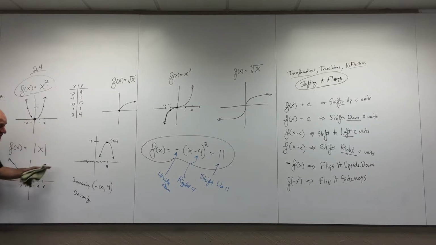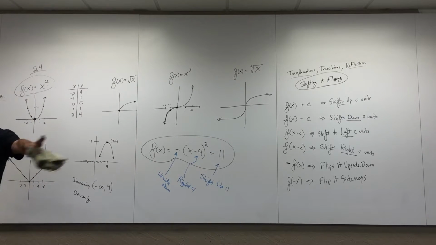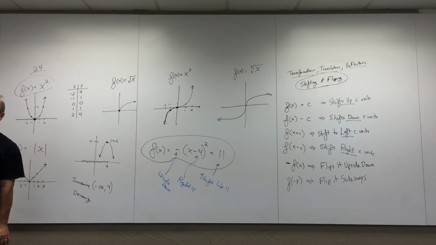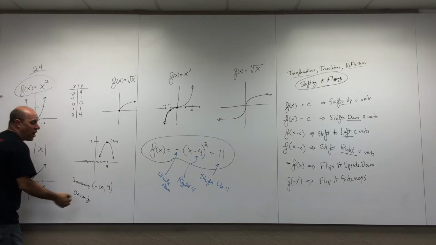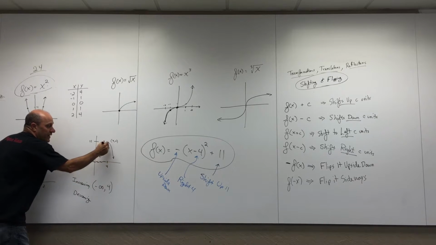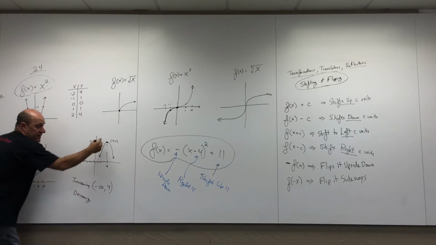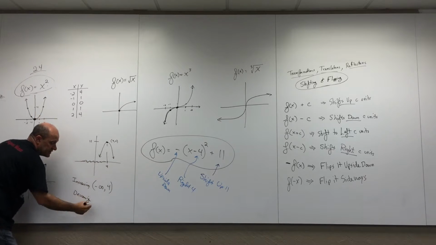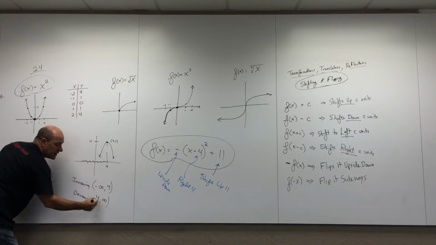When you refer to the increasing and the decreasing, we're referring to intervals on the x-axis. So we're not even thinking about the y's, although it does increase and decrease to and from these y values. We're talking about the x values where it increases and decreases. So it decreases from 4 to infinity.